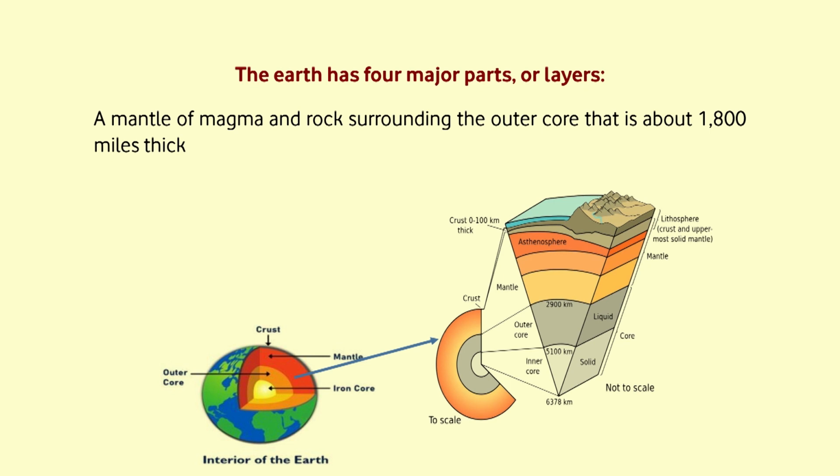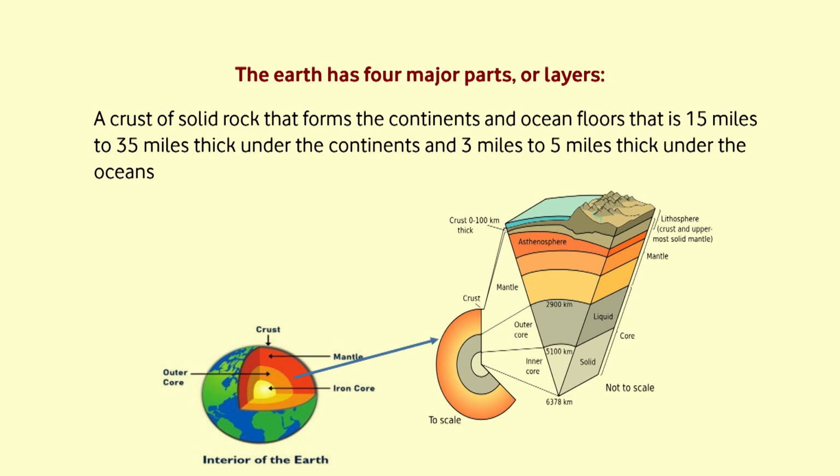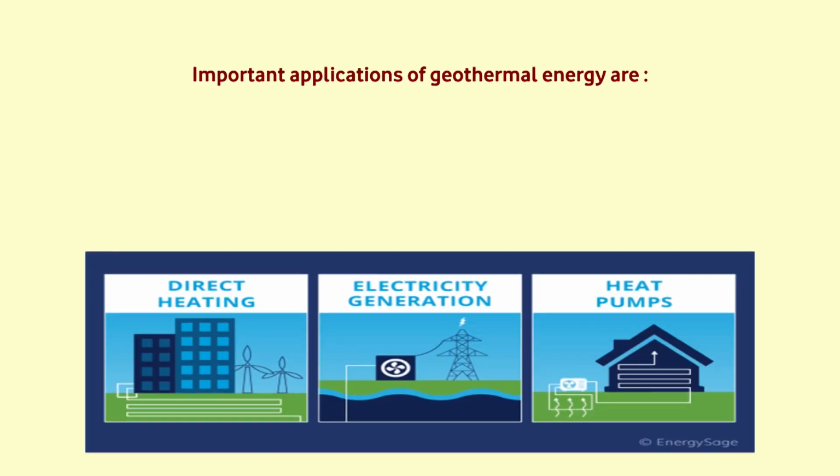It is about 1800 miles thick. The crust is made of solid rocks from the continents and ocean floors. It is 15 to 35 miles thick in the continent part and 3 to 5 miles thick in the parts of the ocean.